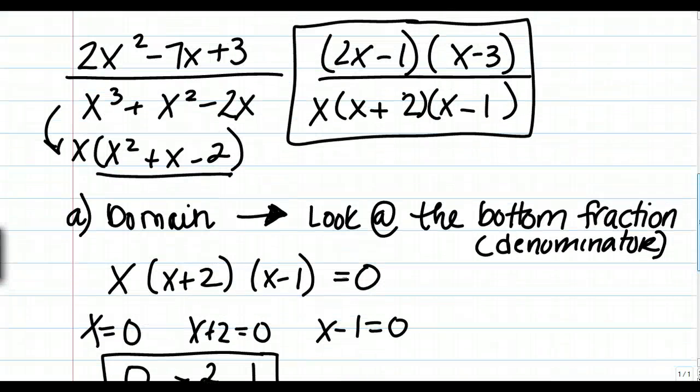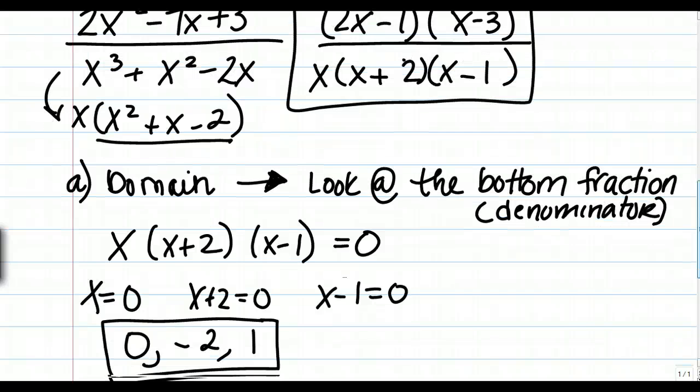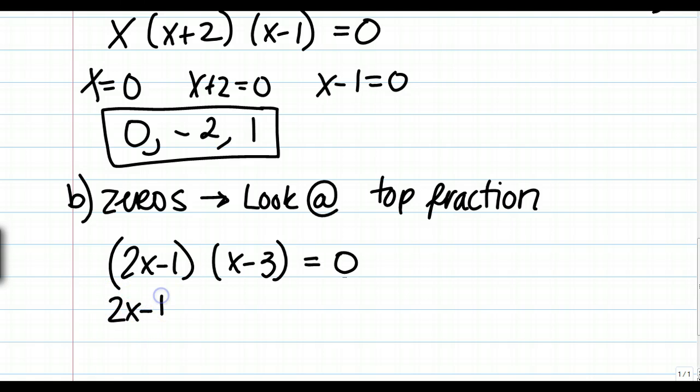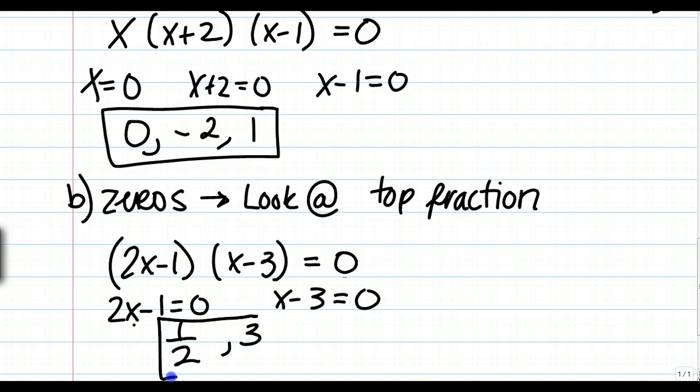So here we have 2x minus 1, x minus 3, and you're going to set that equal to 0. So here would be 2x minus 1 equals 0, so you'd have 1 half, and x minus 3 equals 0, so you would have 3. So your zeros would be 1 half and 3.